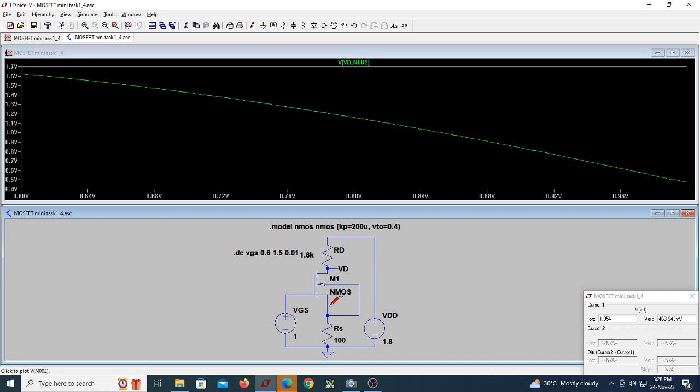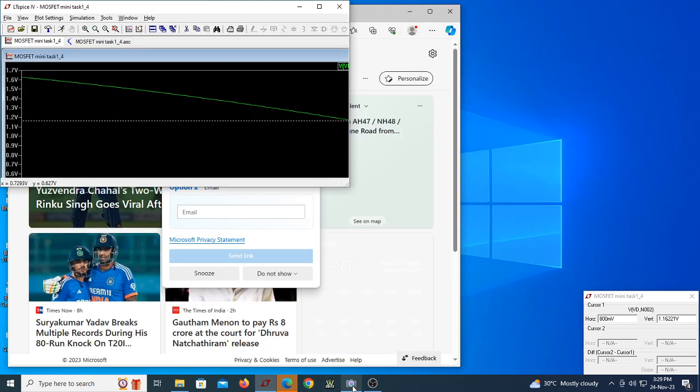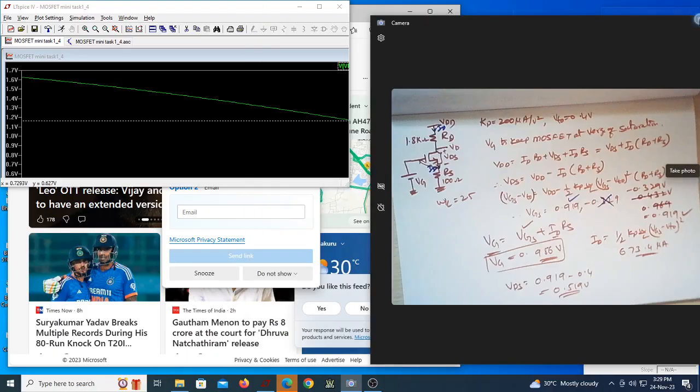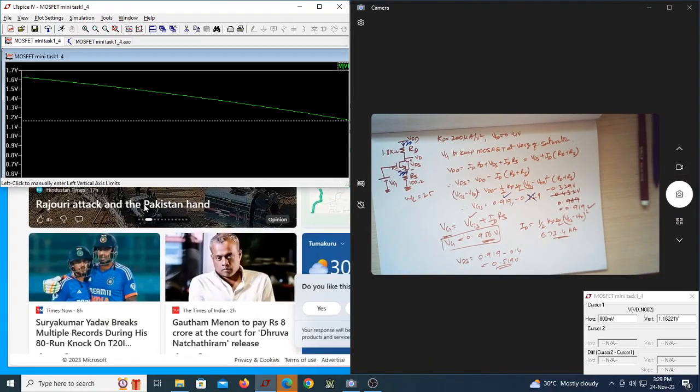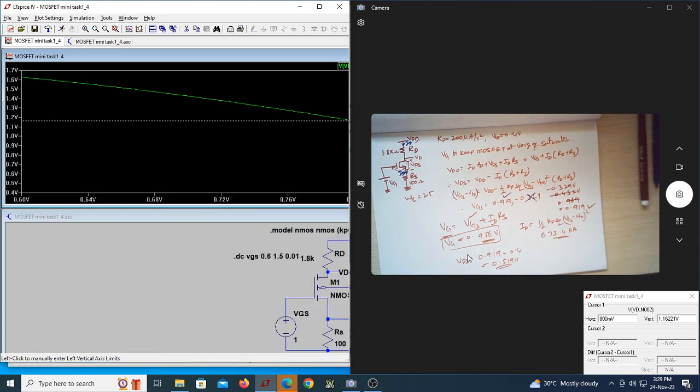N002 is this terminal. If you measure this voltage, when this is actually VG, when it is 0.986, let me show you that. When the value of VG is 0.986, the VDS will be 0.519.